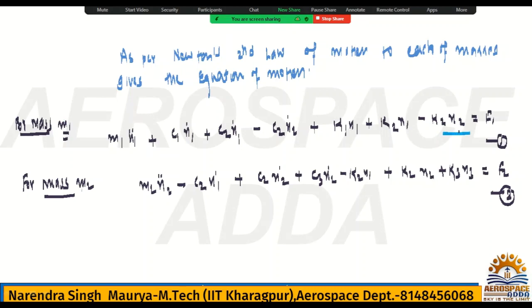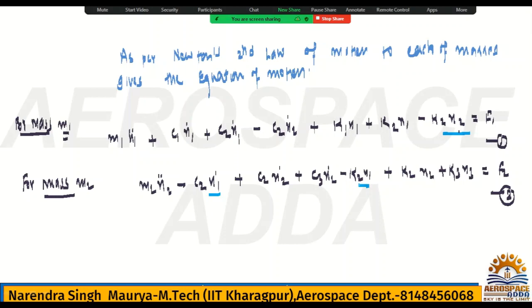Similarly for the second equation, for mass m2, if you check, you are getting x1 here. What is the meaning of it? It represents that the system is a 2D coupled second order differential equation. We can expect that the motion of m1 will influence the motion of m2 and vice versa.